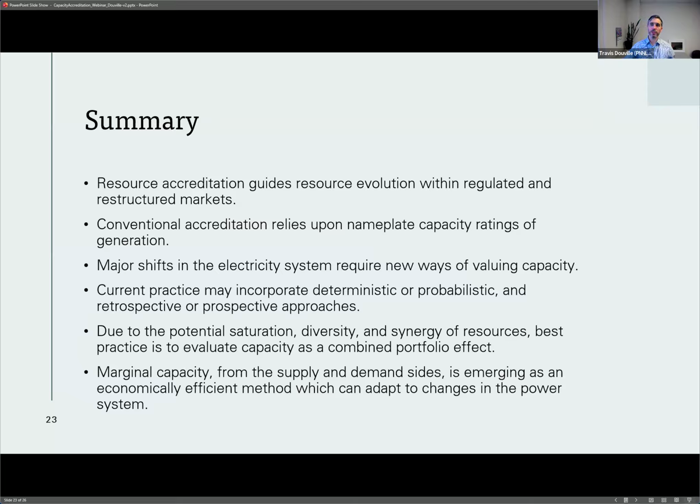Then we reviewed major shifts in the electricity system, which drive new methods for evaluating capacity. These include the emergence of tight capacity margins off-peak rather than during peak load times. There are large differences in resource performance during these conditions. Resource performance is more interdependent than before, and loss of load is more likely during significant thermal outages.